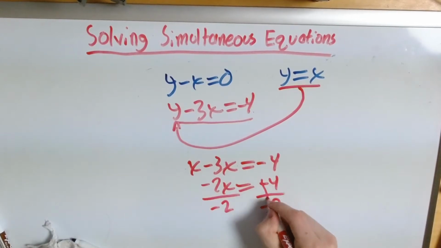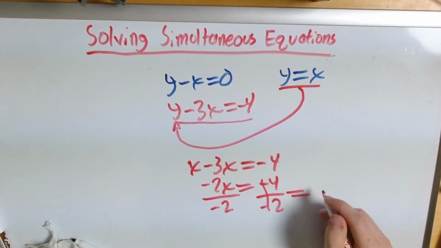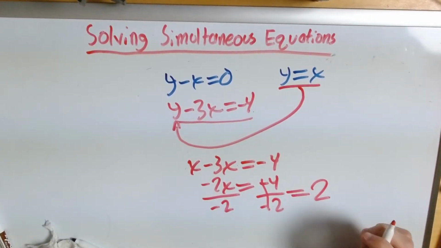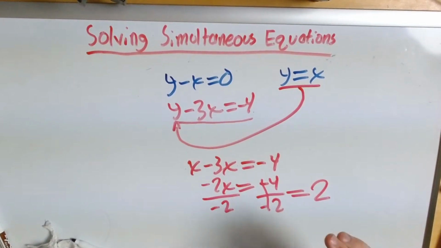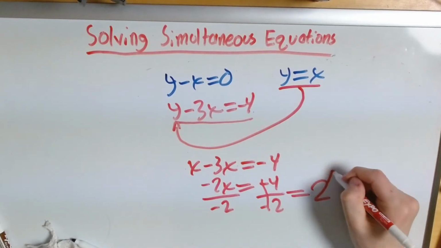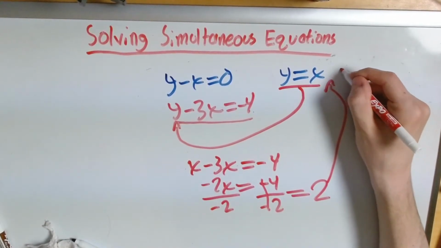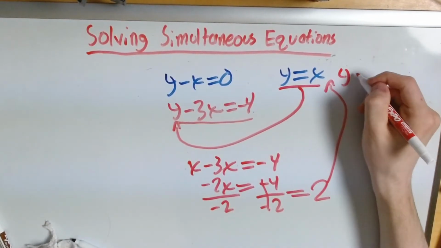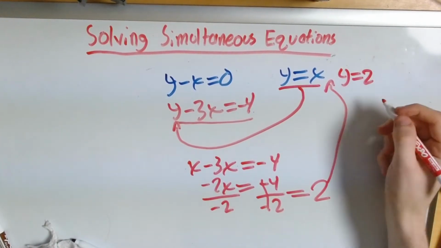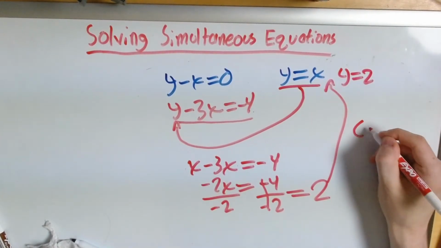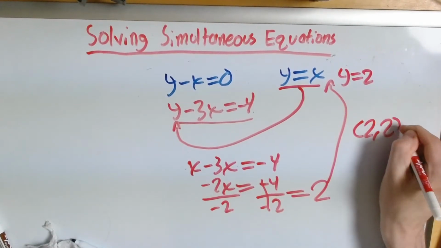That cancels out the negatives, and I'm just left with 2. So x equals 2. And then if I want to find the full point of intersection, I'll substitute that back into my original equation and say, hey, y equals x equals 2, so y equals 2. So my final point of intersection is (2, 2).